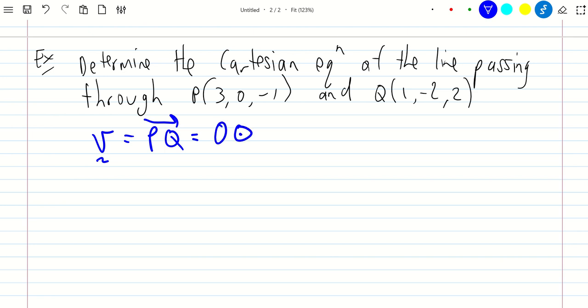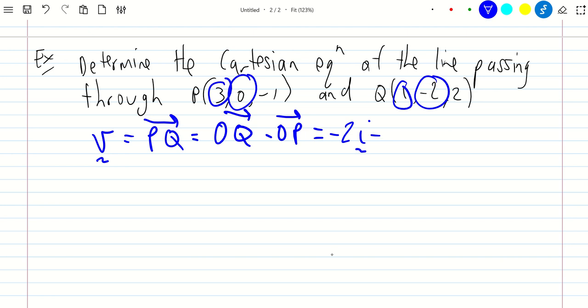Remember, that's OQ minus OP, which is equal to 1 minus 3i, so that's negative 2i, and then negative 2 minus 0j, so that's negative 2j, and then 2 minus negative 1, so that'll be plus 3k. So vector PQ from point P to point Q is that vector there, and that essentially gives us the direction of where it's shooting out.